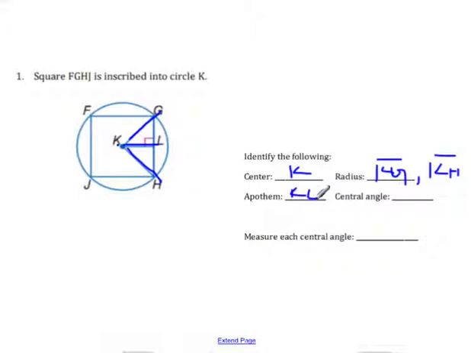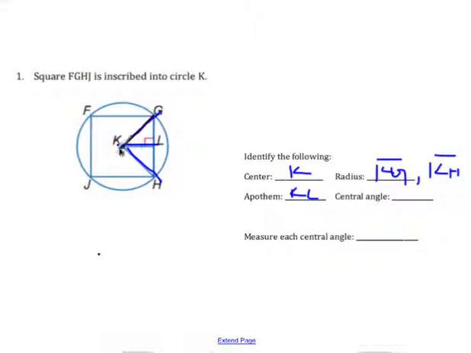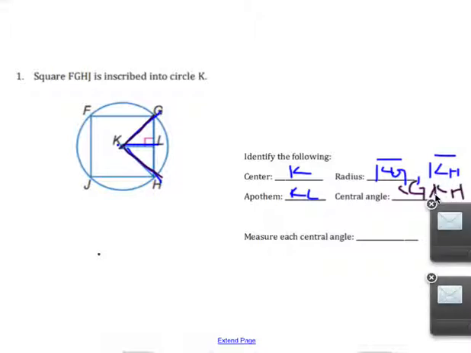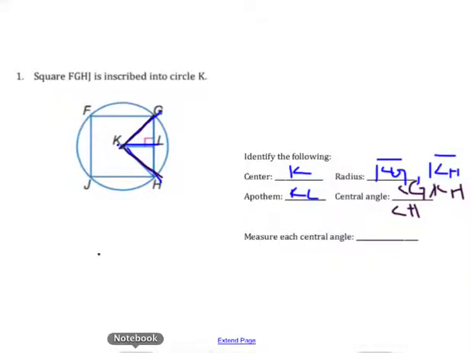For our central angle, remember it needs to go through the center of the circle. What goes through the center of the circle and the center of our square is angle GKH, which we could also write as angle HKG.